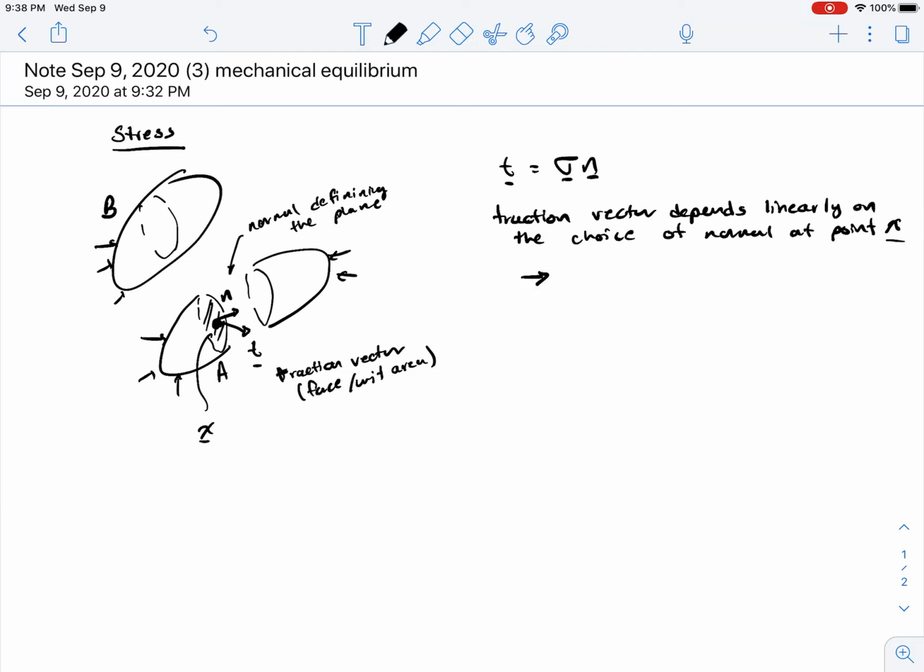And therefore, because it depends linearly on the normal, we can represent that relationship with a second order tensor.